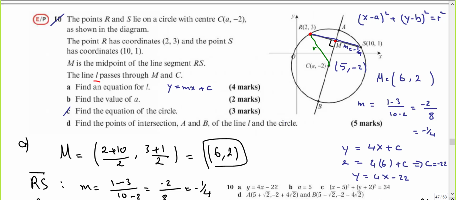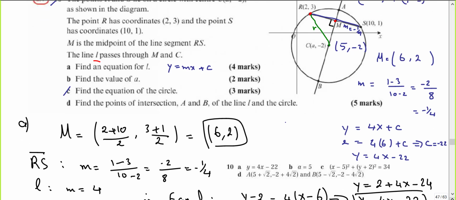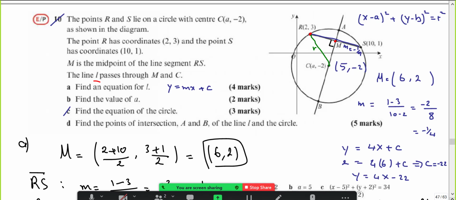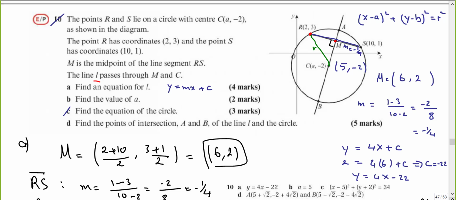The distance formula. What's the distance formula? What's the rule for the distance between 2 points? Square root of x2 minus x1 squared plus y2 minus y1 squared.